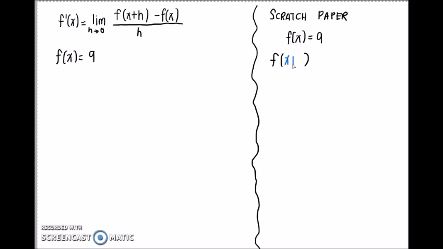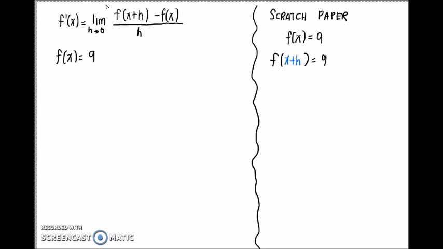x plus h. So it means that if we have f of x equals 9, lahat ng variable na x dito papalitan ng x plus h. But since this time, there's no variable x here, wala tayong papalitan ng x plus h. Which means that f of x equals 9 and f of x plus h is also equal to 9.